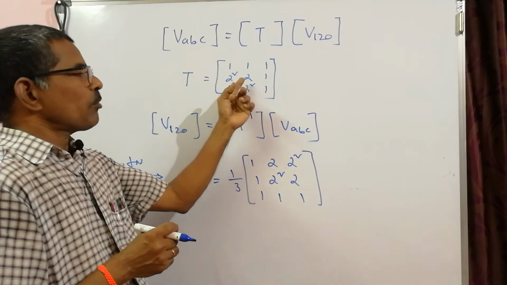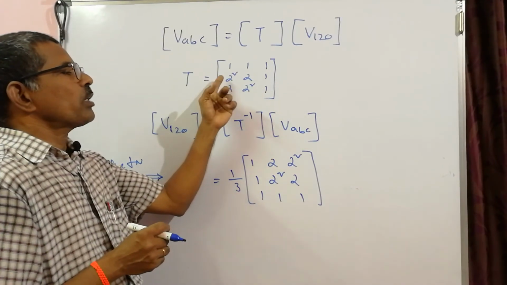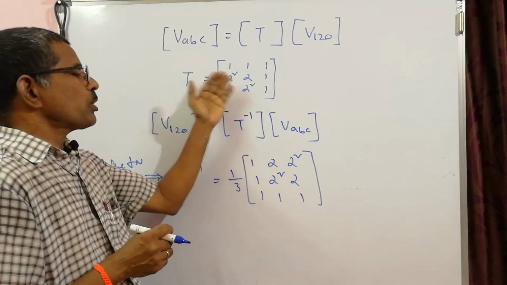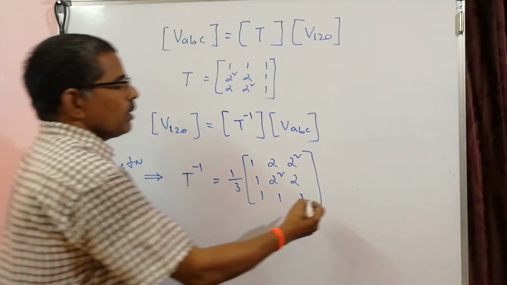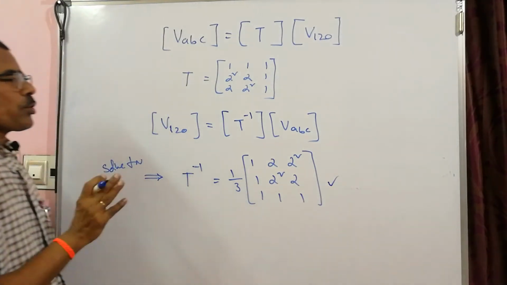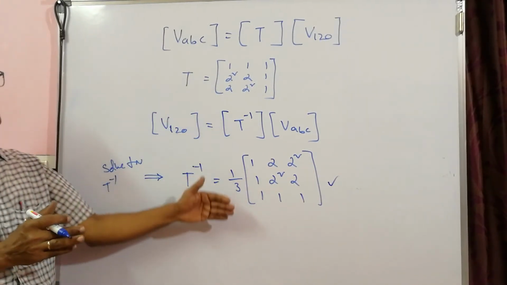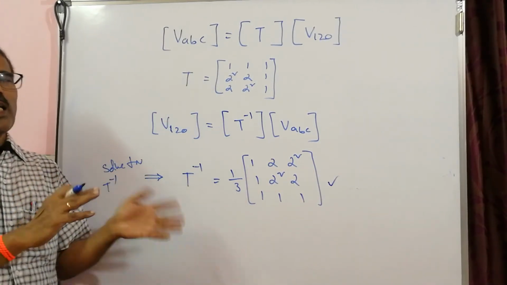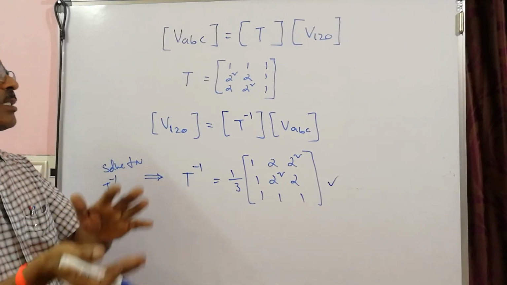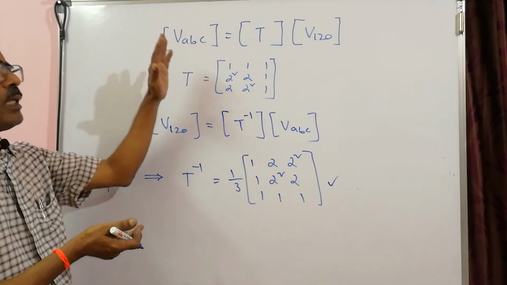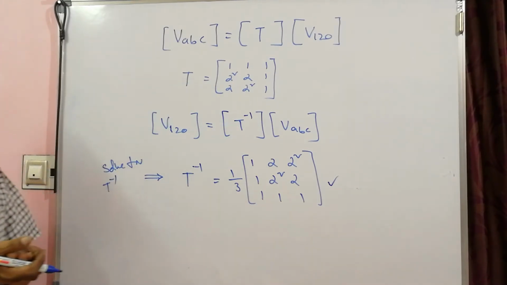Alpha is 1 angle 120, alpha square is 1 angle 240. You substitute and then take T inverse, and definitely this is T inverse. So, you should remember what is T structure, what is T inverse, so that any values, sequence components to unbalanced system or unbalanced system to sequence components, you can quickly transform.